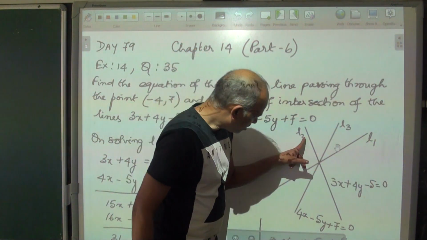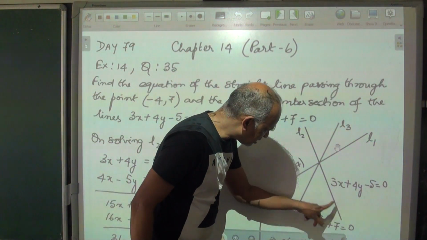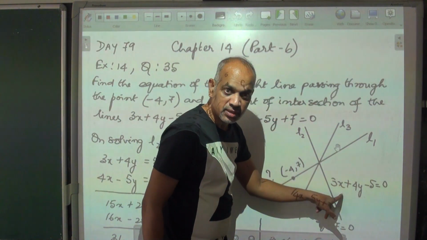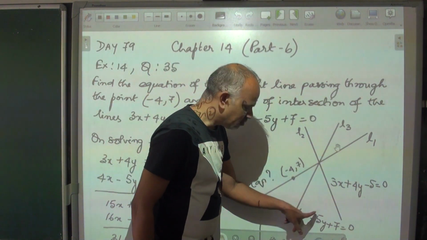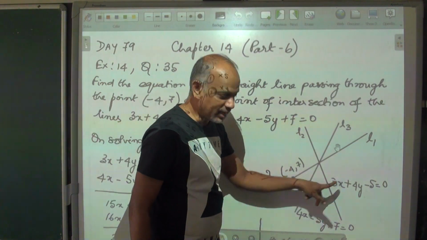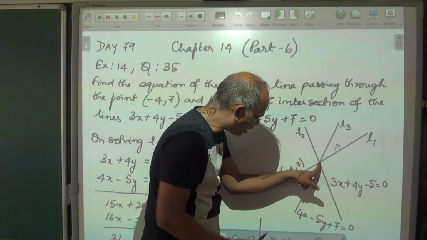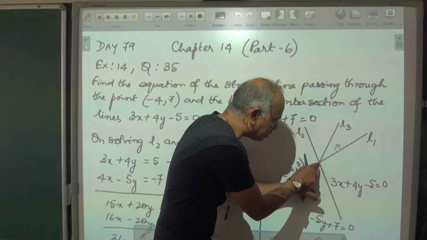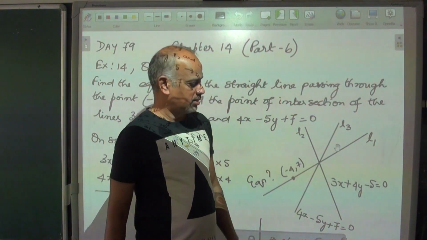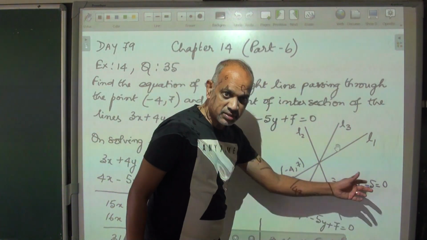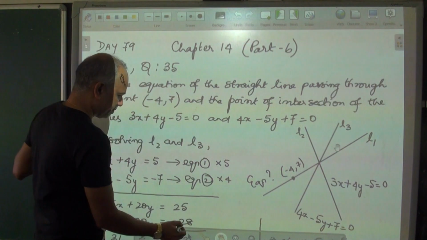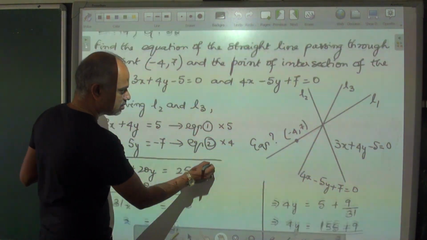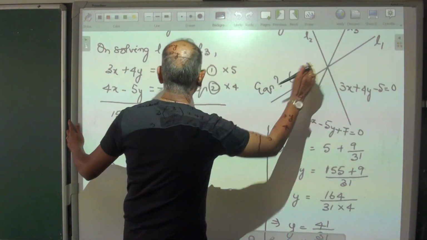Solve both of these, and that x and y value is the point where line 2 and line 3 meet. So take these two equations and solve them. That's the first thing that we'll do to get this point of intersection.